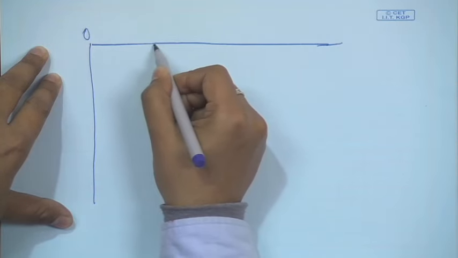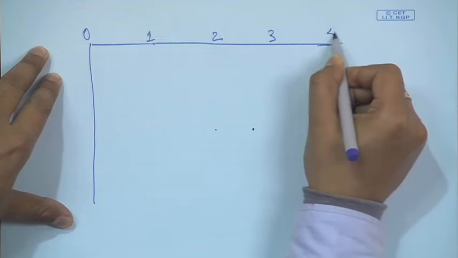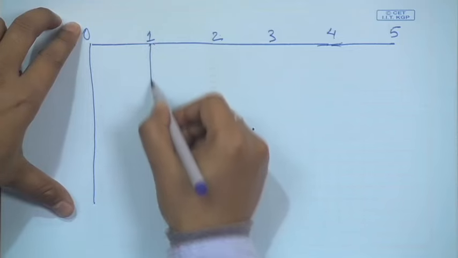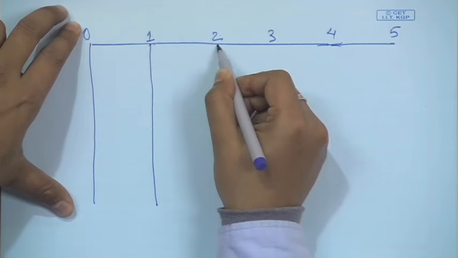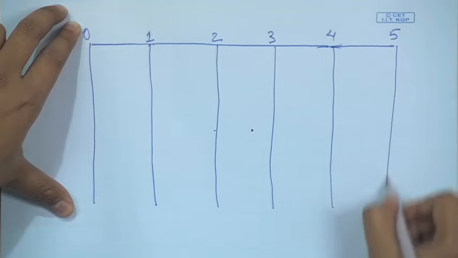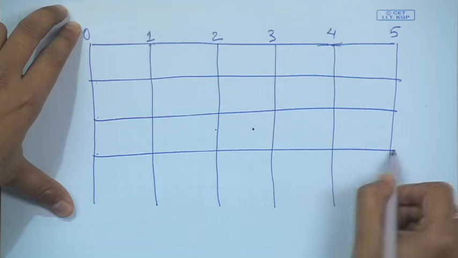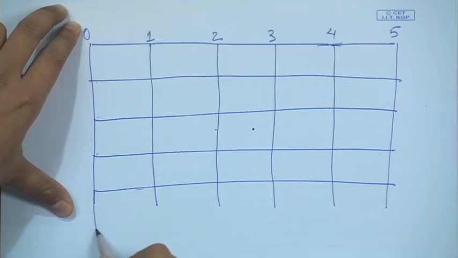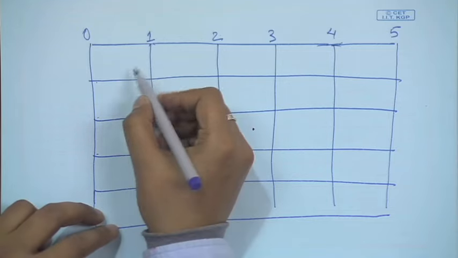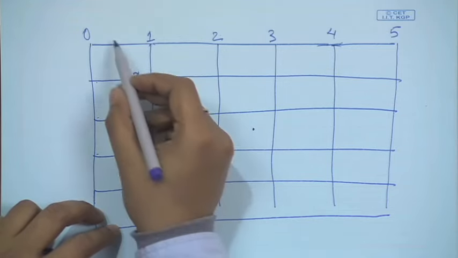So 0, 1, 2, 3, 4, 5. There are 5 words. Okay, and this is the line. And now you should understand how we denote these elements. So this is x01. This will denote only the first word.